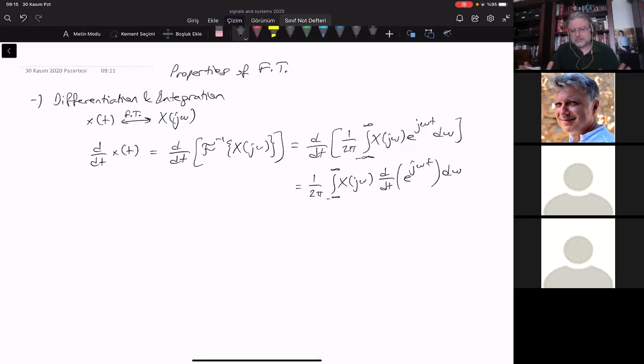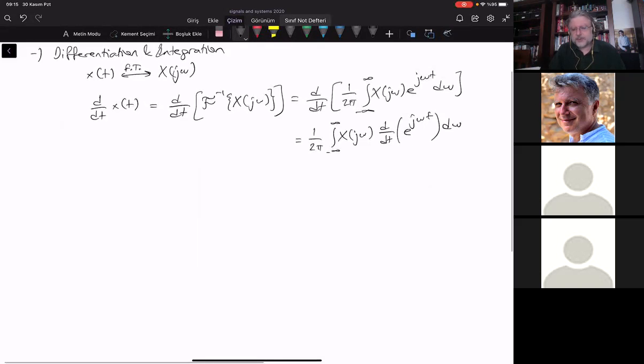By linearity of the derivative and integral operators, I can write this. And the time derivative of e to the j omega t is j omega times e to the j omega t. So j omega times e to the j omega t d omega, like this.